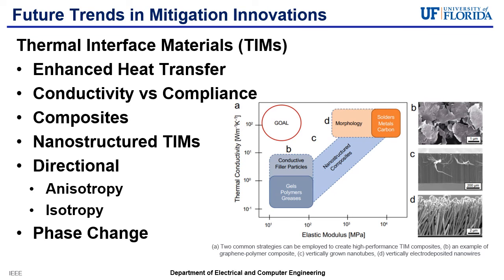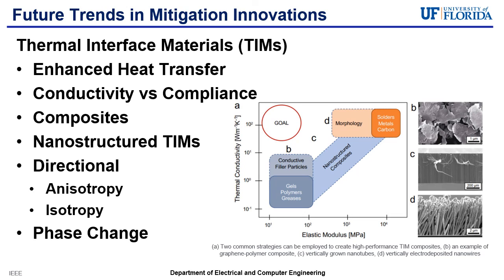These materials can be directional, which means they conduct heat better in one direction than another. This property can also be anisotropic, favoring one direction, or isotropic, equal in all directions. Some TIMs use a phase change to absorb heat. They change from solid to liquid at certain temperatures, which can absorb large amounts of heat.